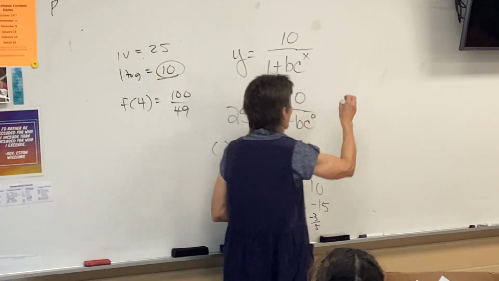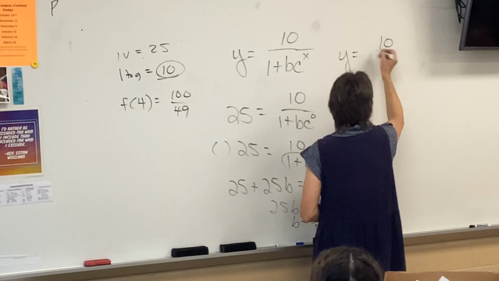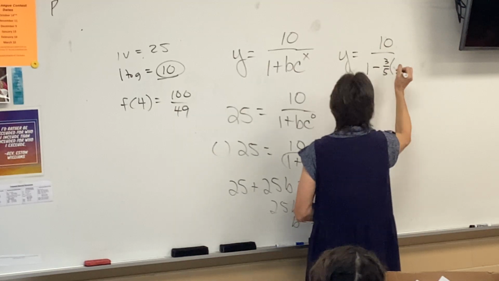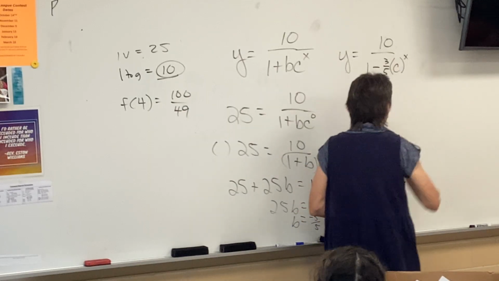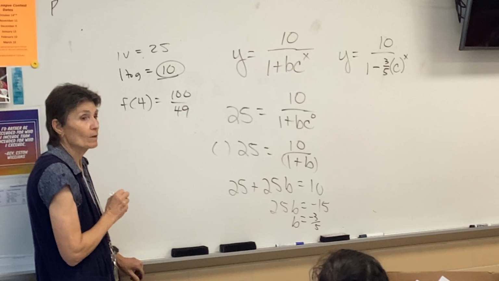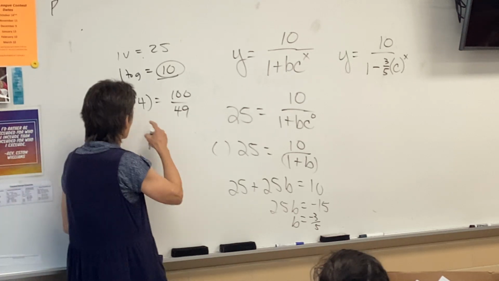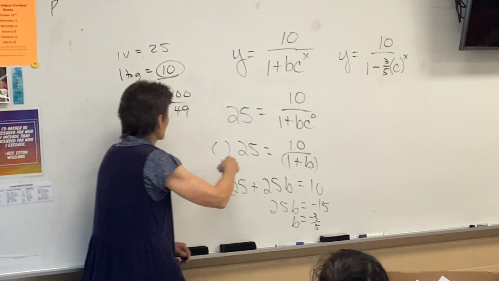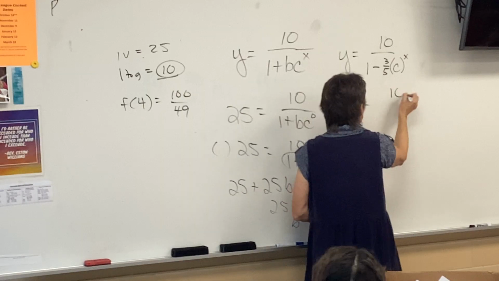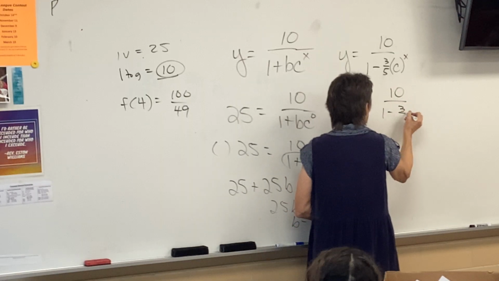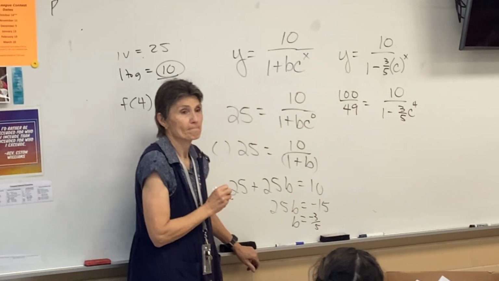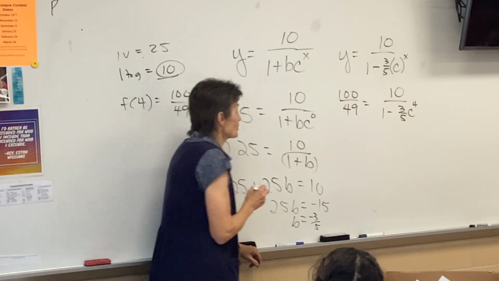So now we have y equals 10 over 1 minus 3/5 times c to the x, because this was our b. Now we've got this random point. So I'm going to put 100 over 49 in 10 over 1 minus 3/5 c to the 4th. Then I'll do what I did earlier.